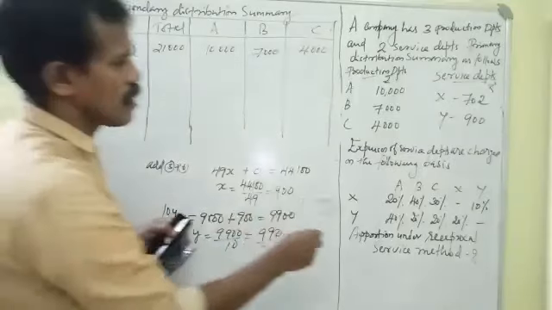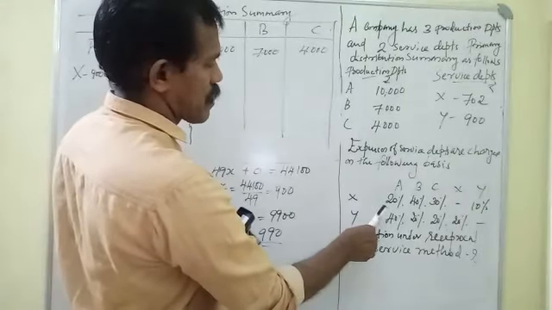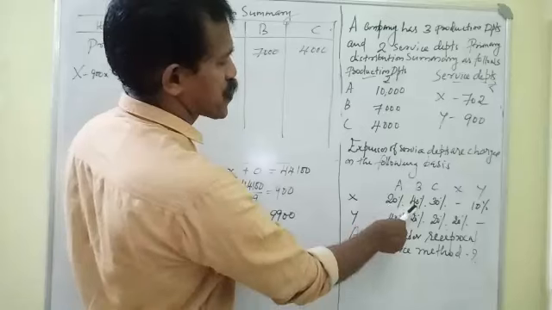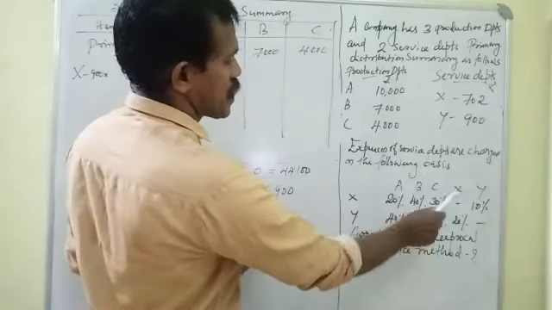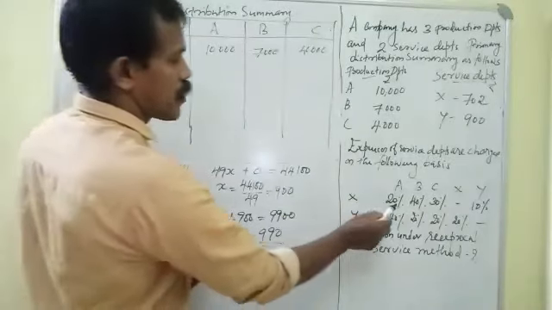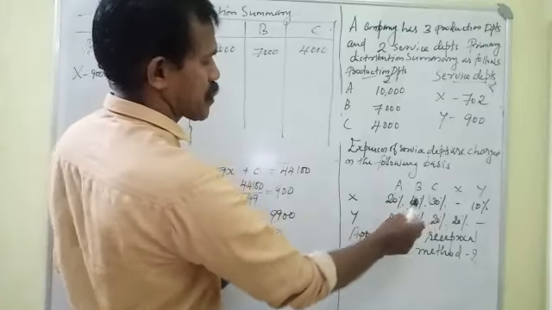Then A's share 20%, B's share 40% and C's share 30%.